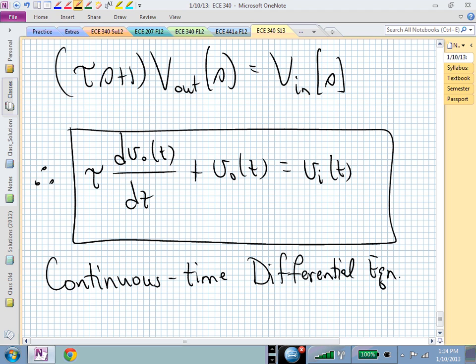Let's see how this can be translated into an approximation of a difference equation and really just show that the input and the output are some sort of moving average. It's a low-pass filter. And once we put this into a difference equation, then we can solve this with Excel.